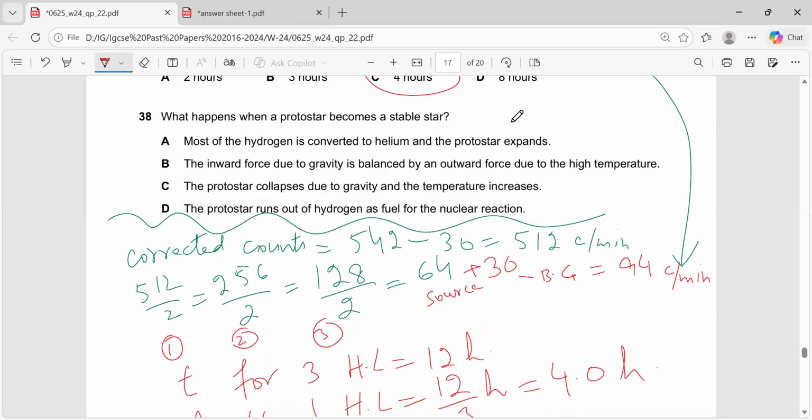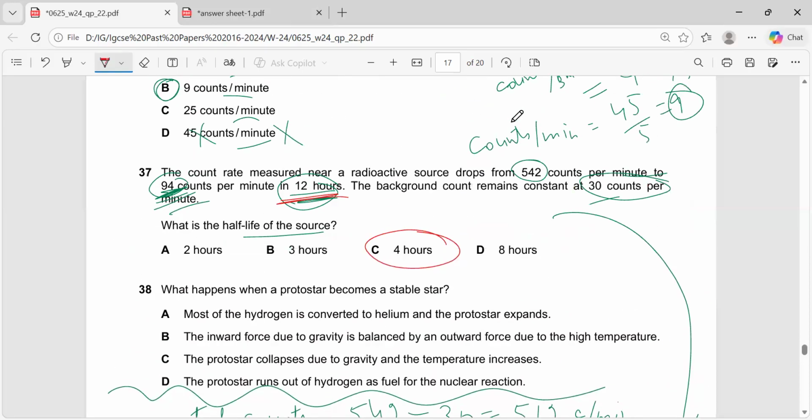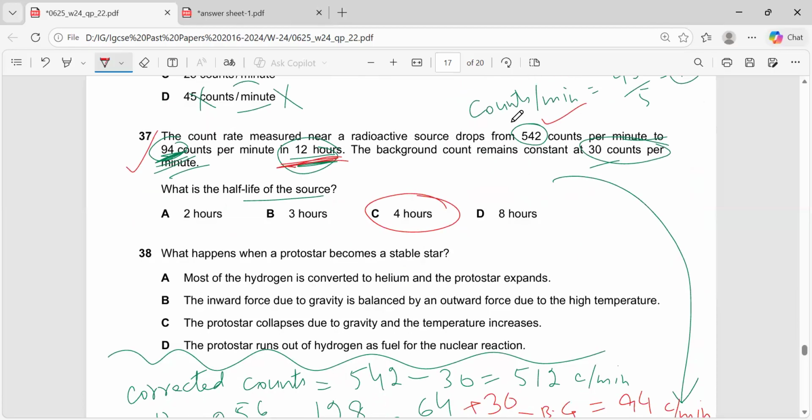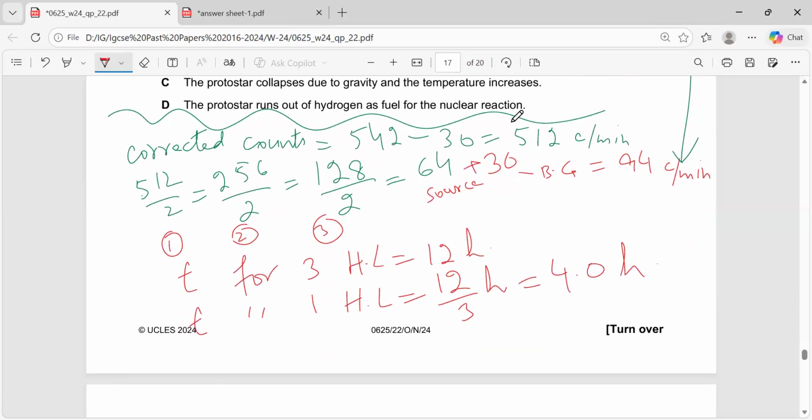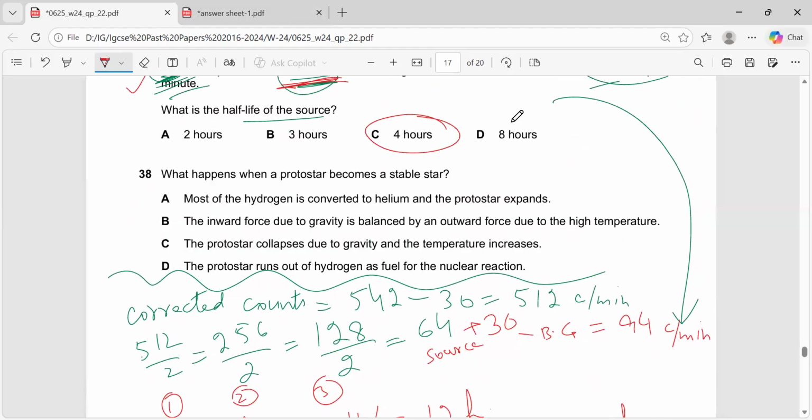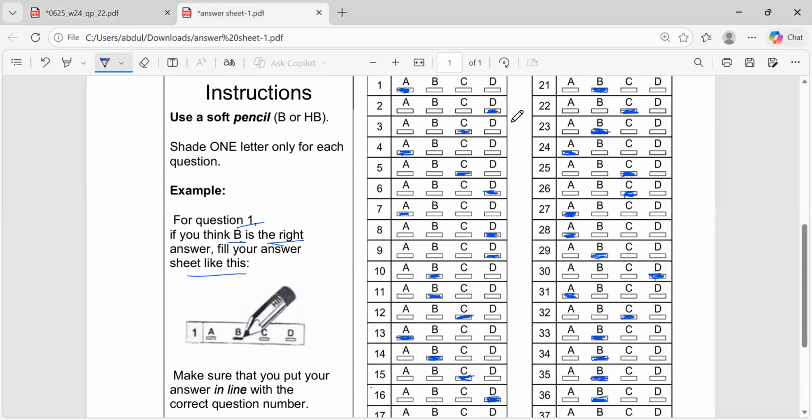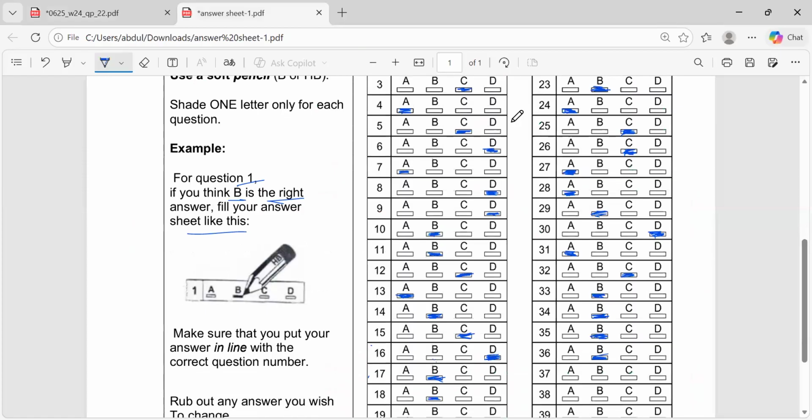When we divided 3 times by 2, 64 plus 30, we get 94 counts per minute. So it means 3 half-lives were needed to drop the count rate from 542 to 94. And it took how much time? 12 hours. So for 3 half-lives, the time is 12 hours. For 1 half-life, unitary method, 12 divided by 3, the answer will be equal to 4 hours, which is option C. So for 37, the answer is C.